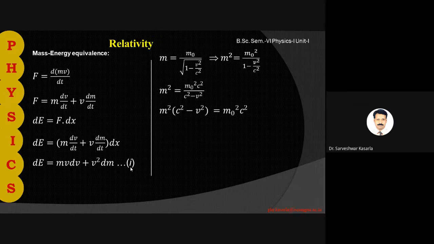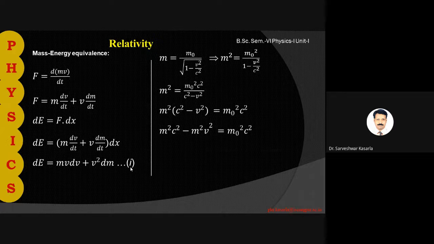So again, you take this c square minus v square term to the left hand side. That will be like this. And finally, m square c square minus m square v square is equal to m0 square into c square.